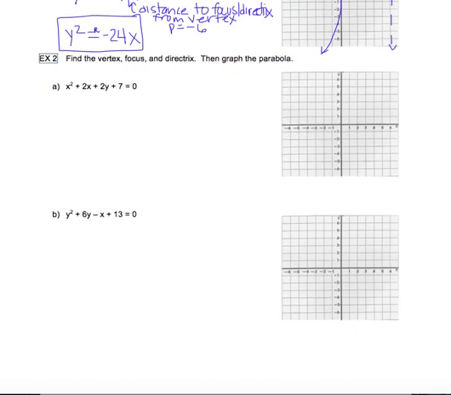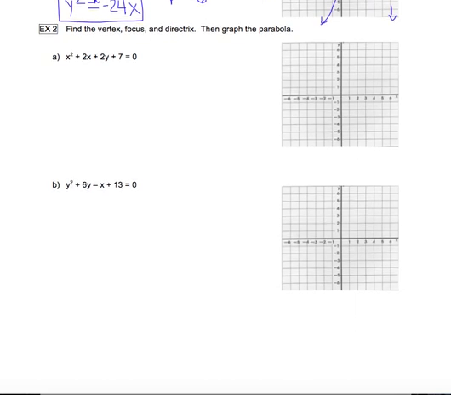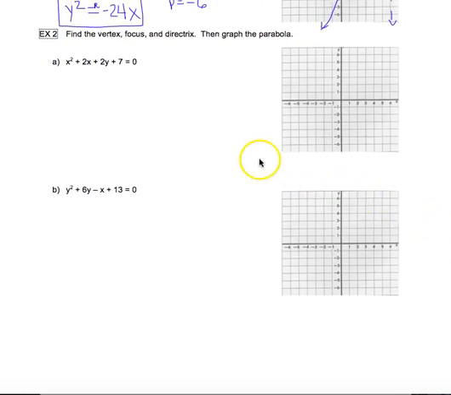This one gives us the equation, asks us to find the vertex, focus, and directrix, and to graph it. So much like we've done in the other sections, this is not in the standard form for a conic parabola, so I'm going to need to do some completing the square.